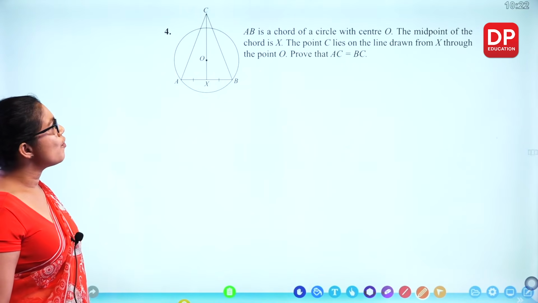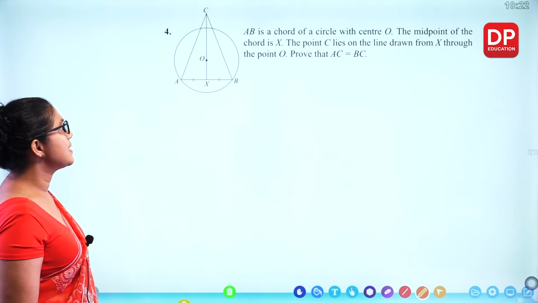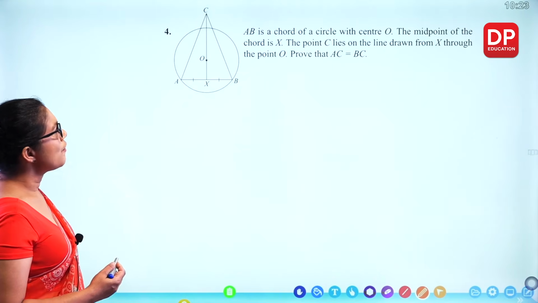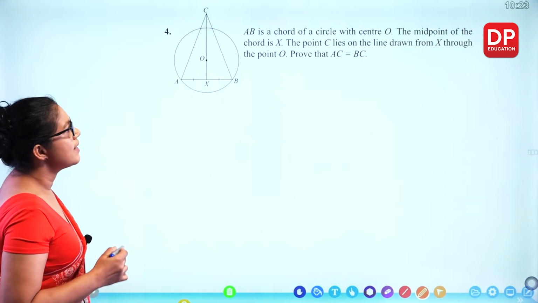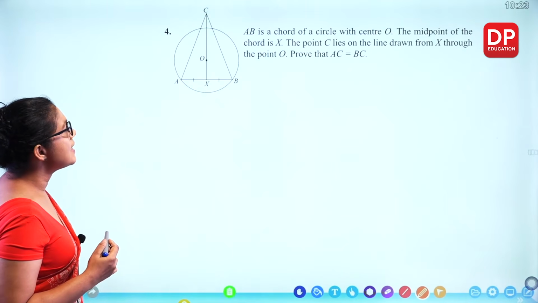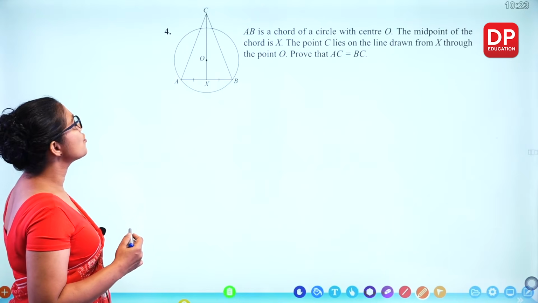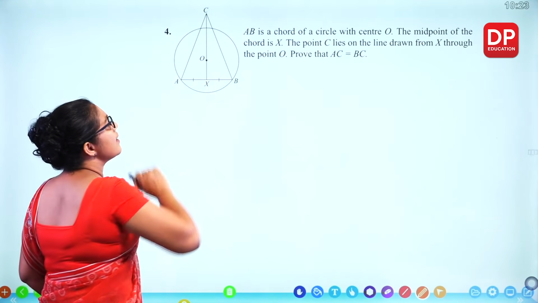In question number 4 it says AB is a chord of a circle with center O and the midpoint of the chord is X. So already mark these two lengths are equal. The point C lies on the line drawn from X through the point O. So here this is the line.